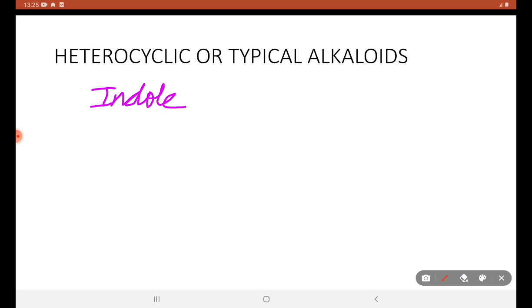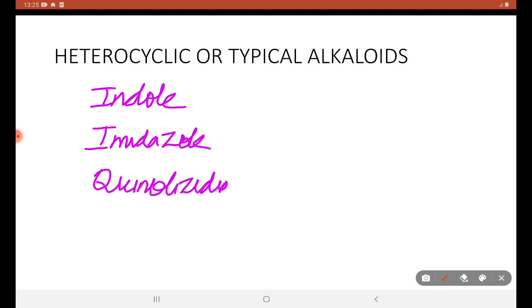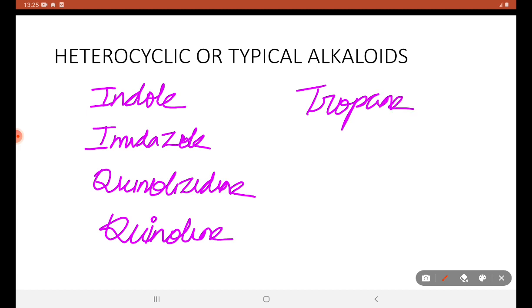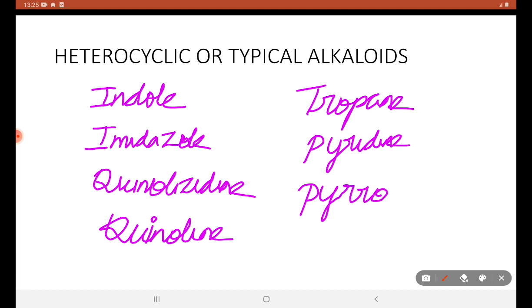Indole, imidazole, quinazolin, quinolizidine, quinoline, tropane, pyridine, pyrazoline, pyrrole, pyrrolidine, purine, terpenoid.